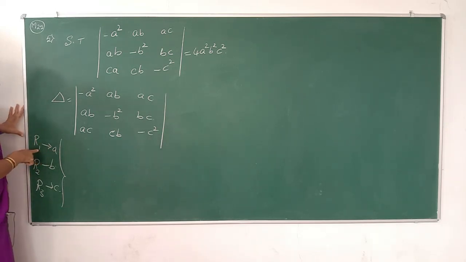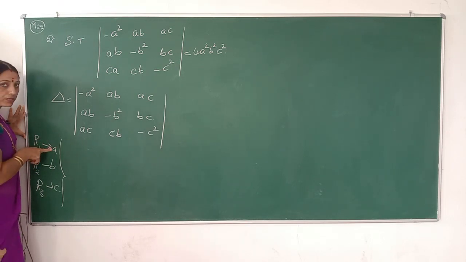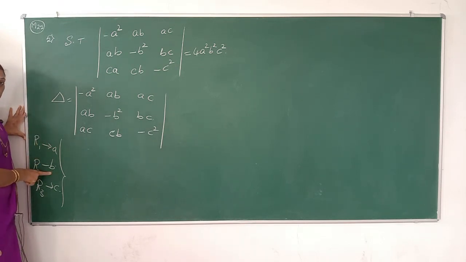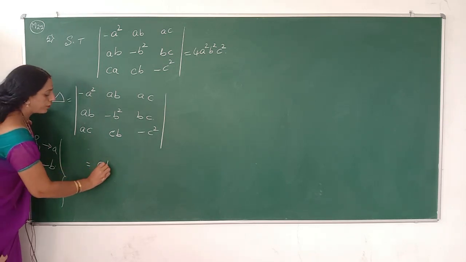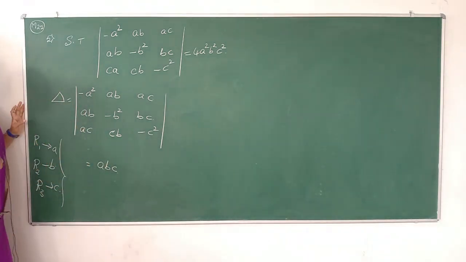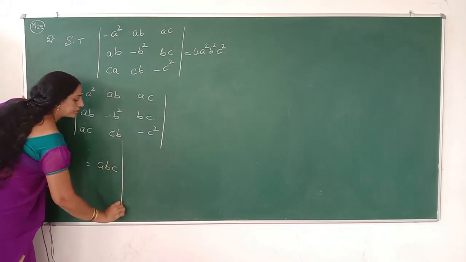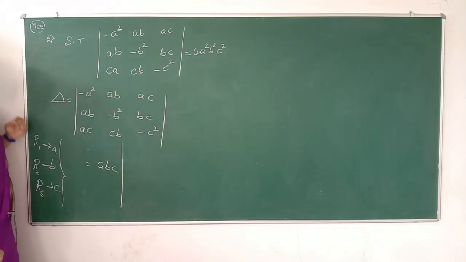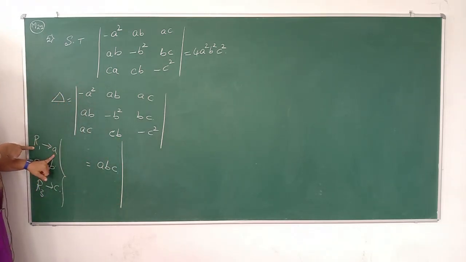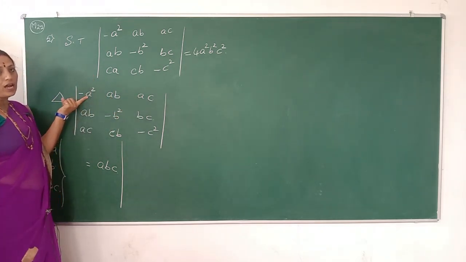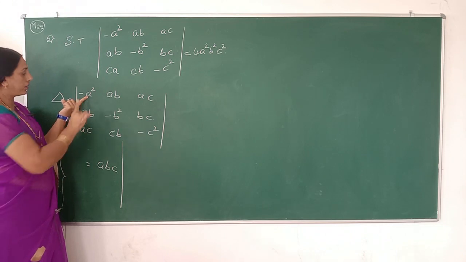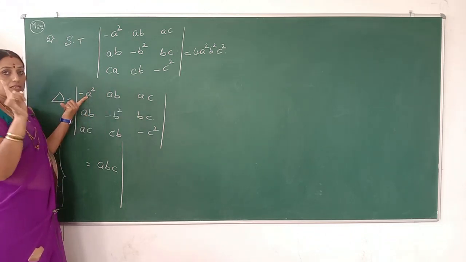Now we will use the rows: from the first row we take a as a common factor, from the second row b, and from the third row c. Therefore, a, b, c are the common factors. What about the remaining elements? First, a is the common factor for R1. After taking a out, what remains in the first row?